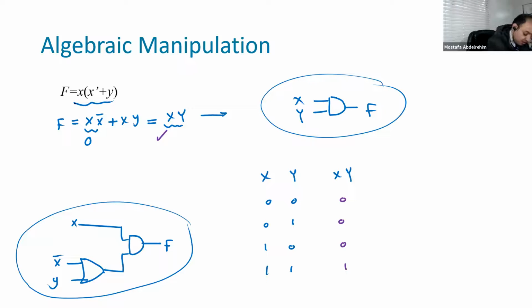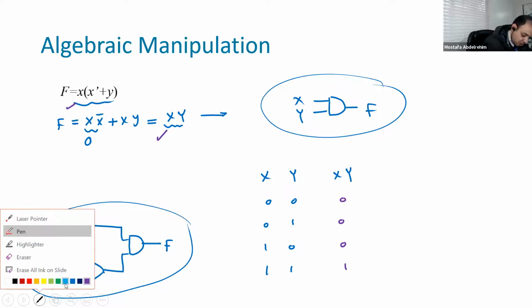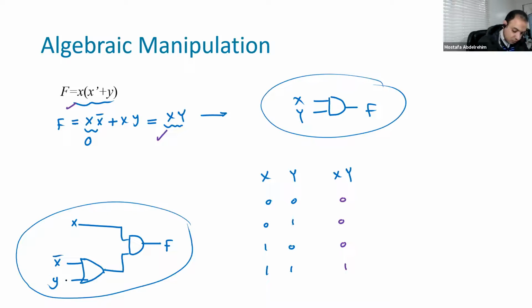Now we get x prime or y. You don't need another column for x prime. By the time you get used to it, just make it in your mind and apply it on the paper.